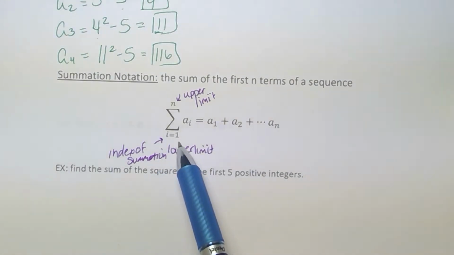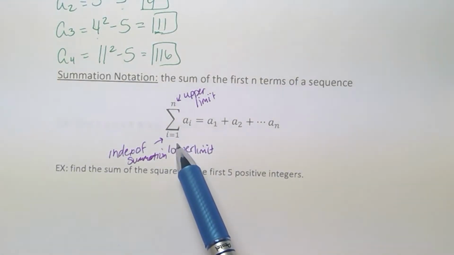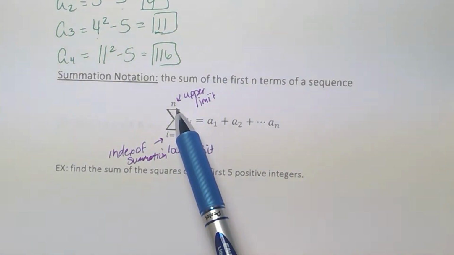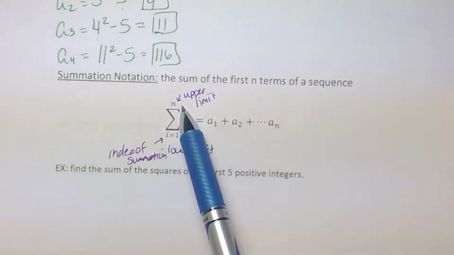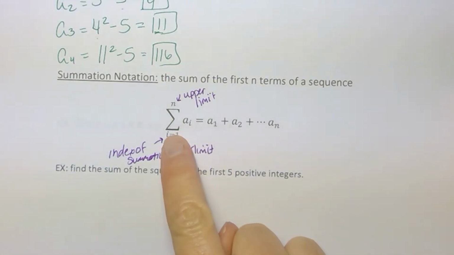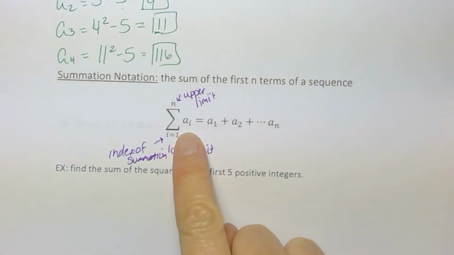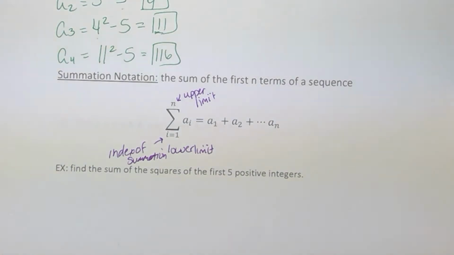It could be i equals 3 to 10, and then I would want to know the third term all the way to the 10th term. Right now it just says i equals 1 to n, so I can fill in the blank with that. Then I'm given my general term, how to find each term according to which term it is. And I say, okay, that's going to be equal to the sum of that list.